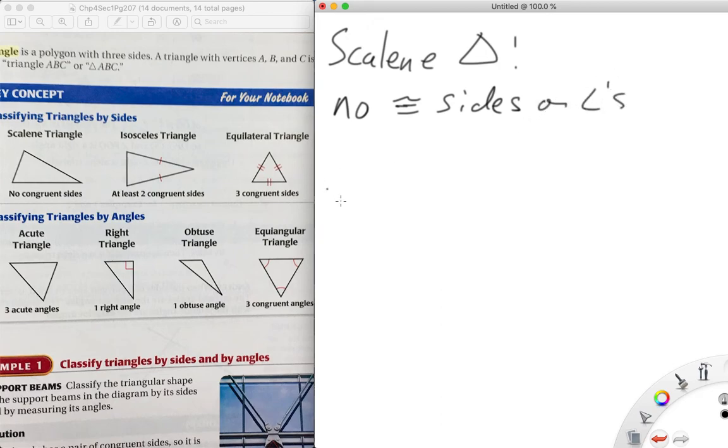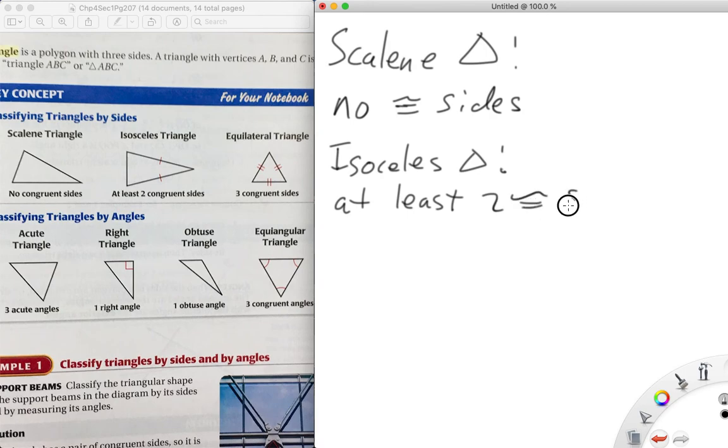We have an isosceles triangle, and I guess I'll take out the angles part since we're talking about sides right here. An isosceles triangle has at least two congruent sides. And then we have an equilateral triangle where all three sides are congruent. And I'm going to draw it all out.